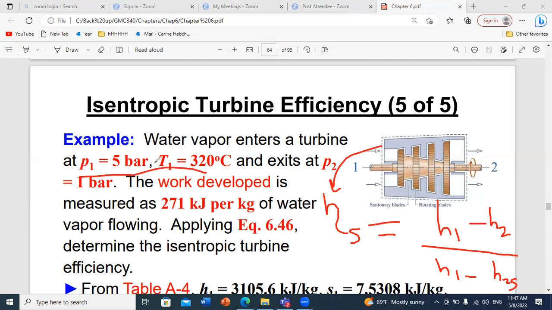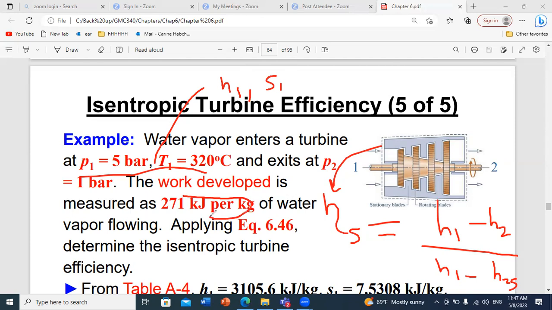We can go to the tables, okay, and we get H1. We have water vapor, okay. We go to the superheated state. We have P1, T1. We get H1 and S1.